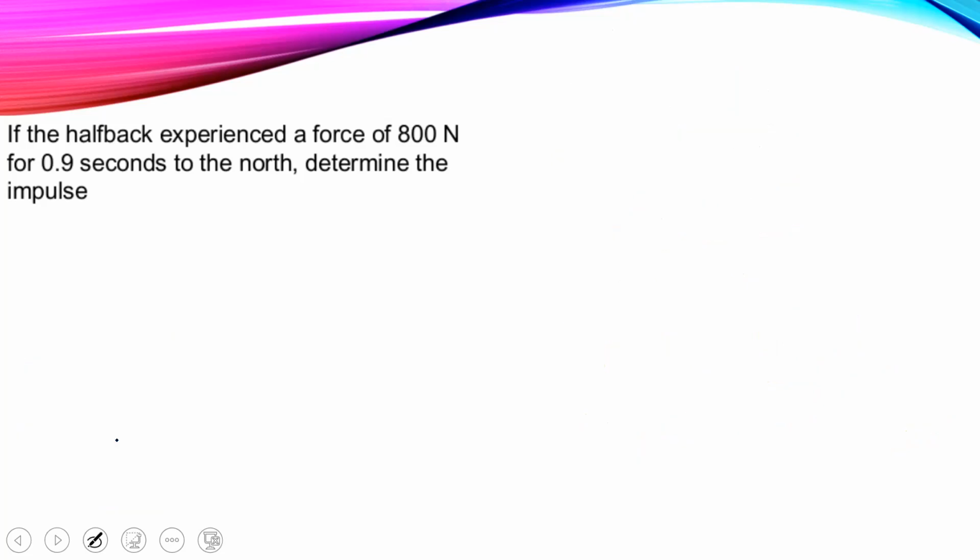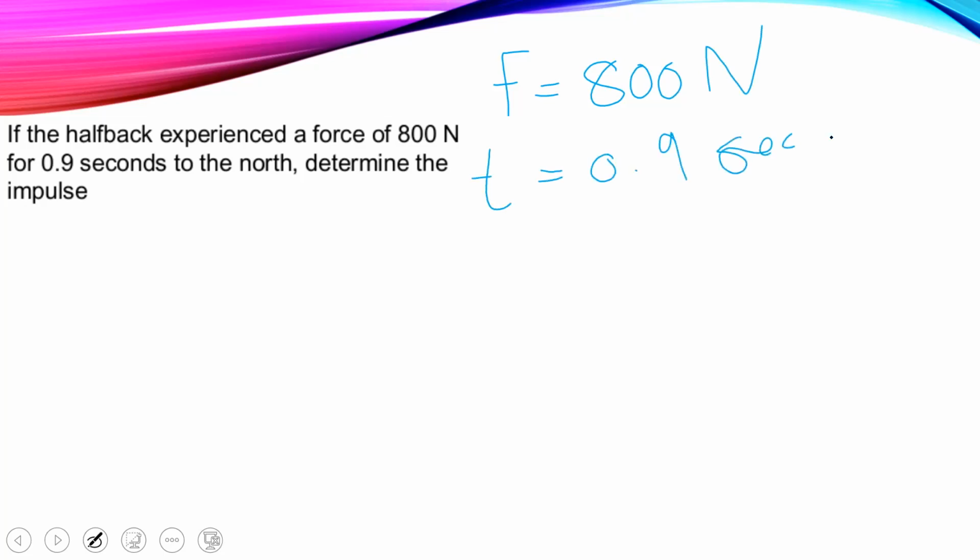You are welcome. Now here, Haneen asked me to solve. If the halfback experienced a force of 800 Newton for a time of 0.9 seconds, determine the impulse.